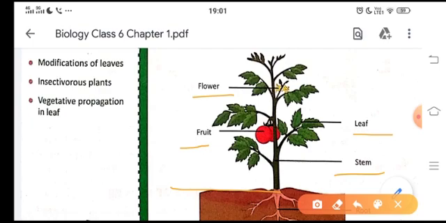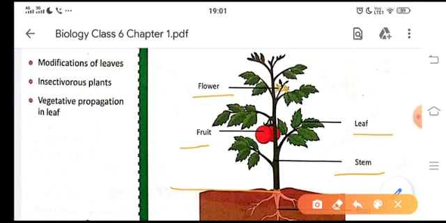Stem is present above the ground. The function of root is to absorb water and mineral from the soil. And the function of stem is to make the plant stand erect on the ground, and it also helps in the transportation and translocation of the food and water.